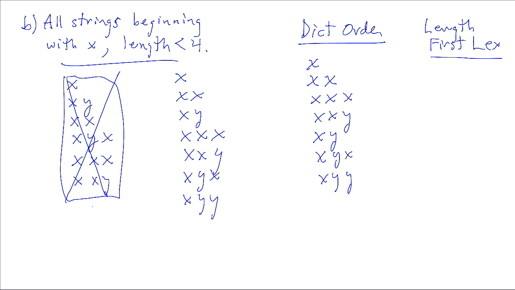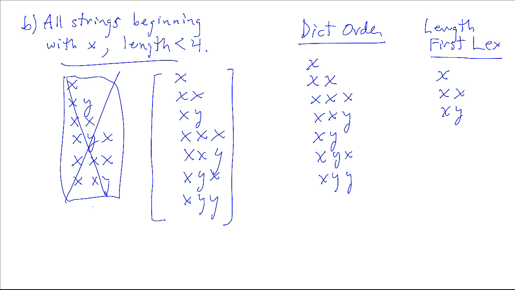Okay, so I'm going to start with X here. And that's the only string of length 1 in the set. I've got 7 elements in my set here. Then I move to length 2, and I'm going to do them in Lex order. XX, XY.